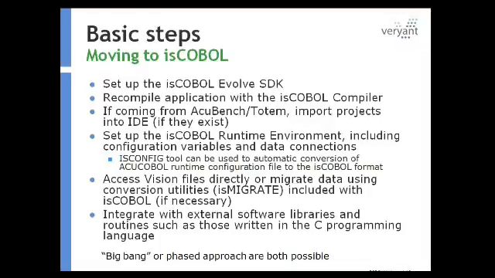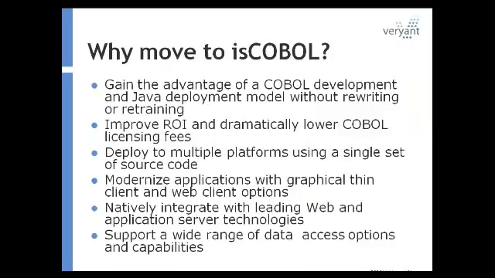If you're using AcuBench, you must first import your AcuBench project, then compile. Set up your runtime environment, including configuration variables and data connections. You may access your Vision files directly, or you can migrate your data files using acucobol migration utilities. And finally, if required, you will need to integrate your external software libraries and routines.